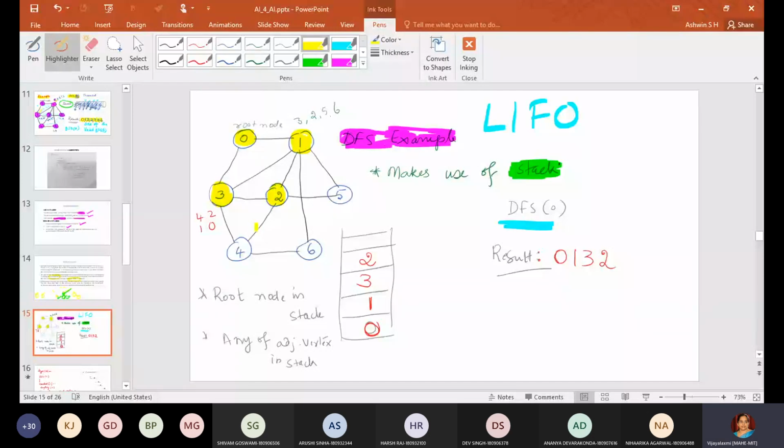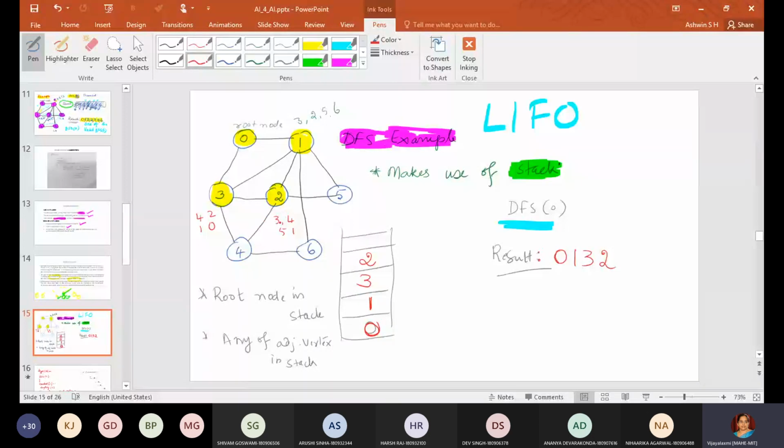Now after that, for 2 we have 3, 4, 5, 1. We have to find only the unvisited adjacent vertices.